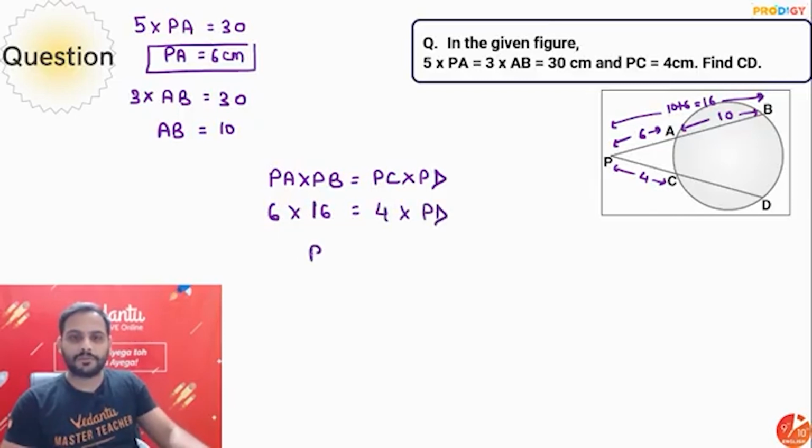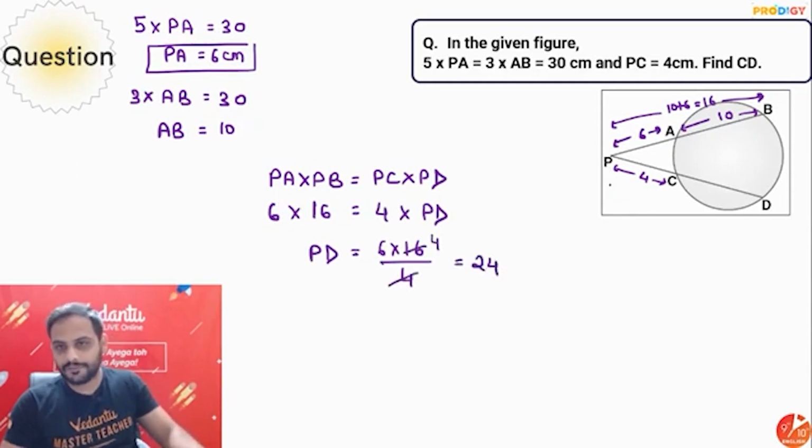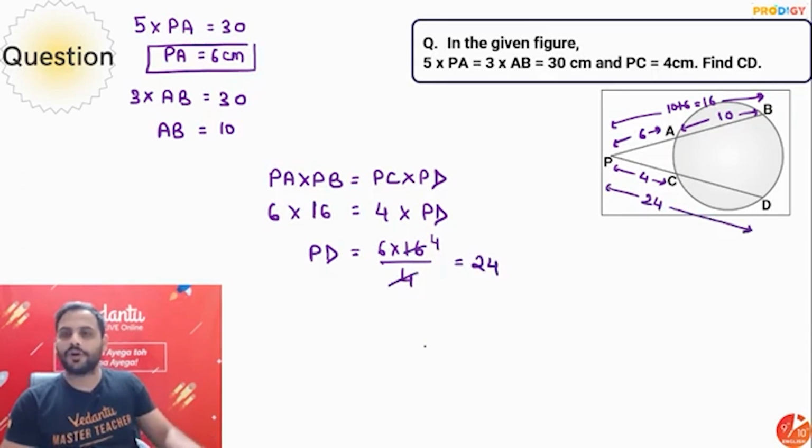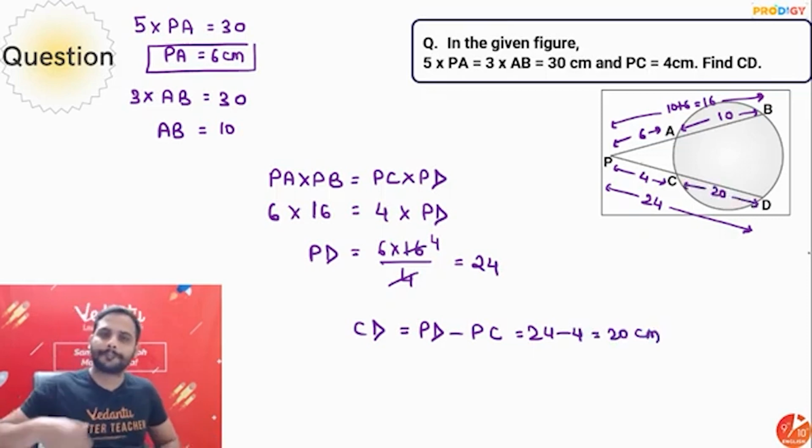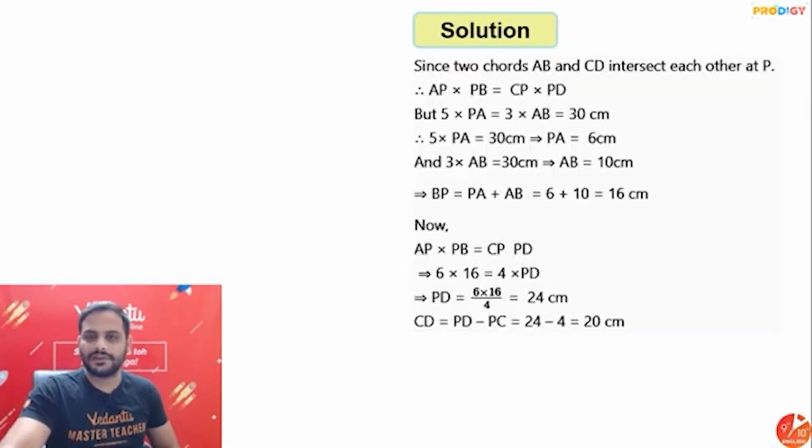So PD is 6 into 16 divided by 4, 4 sixes are 24. So this complete PD is 24. What do you want? You want CD. So CD will be PD minus PC, which is 24 minus 4, which means 20 centimeters. Easy question.